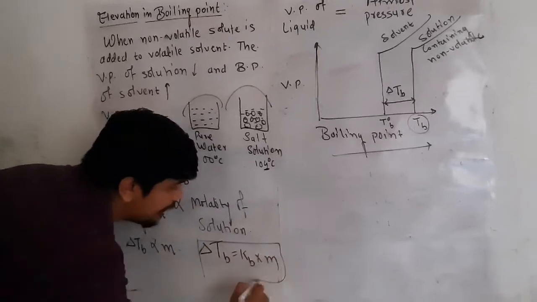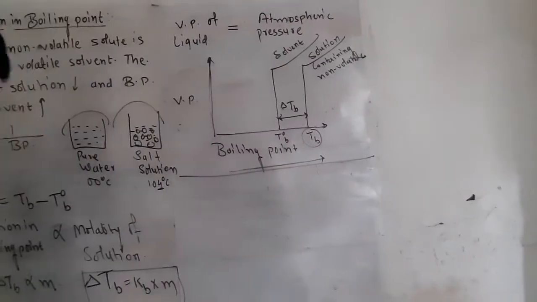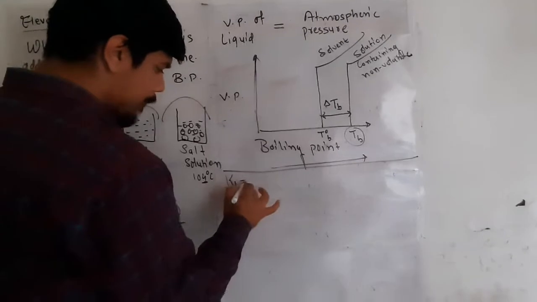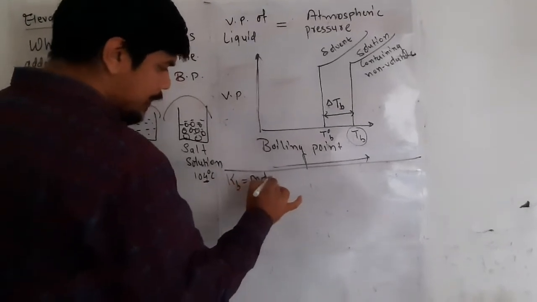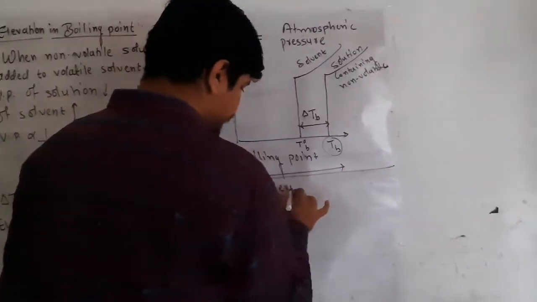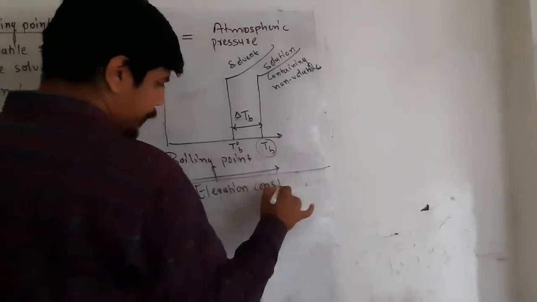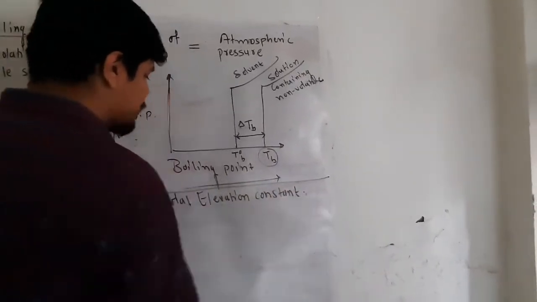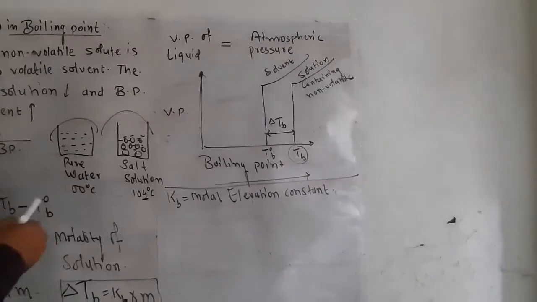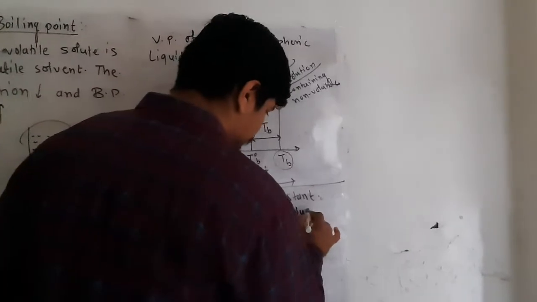So what is KB here? KB is called the molal elevation constant, which is also called the ebullioscopic constant.